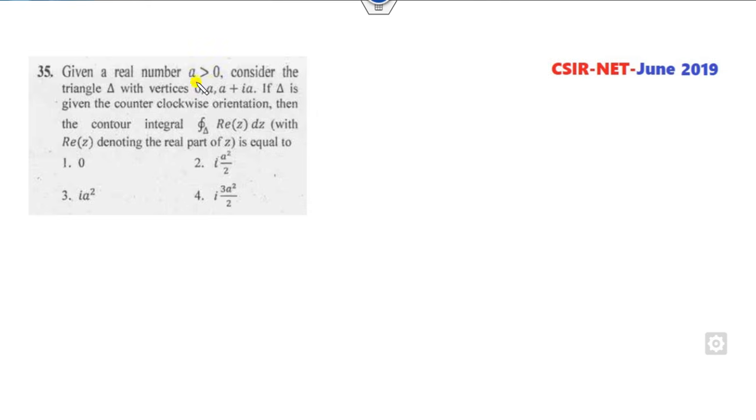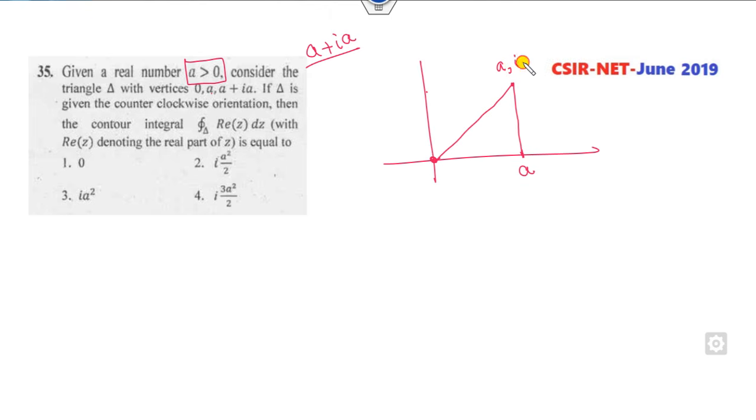Okay, given the real number A, which is positive, consider the triangle. Vertices are my 0, A which is positive, A plus iota A, that is the point A comma A. This is my triangle, with A comma iota A. If the triangle is given in the counterclockwise orientation, then the contour integral of the real part of Z is, very simple.